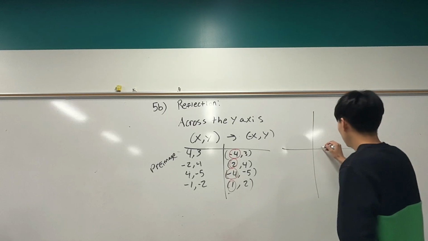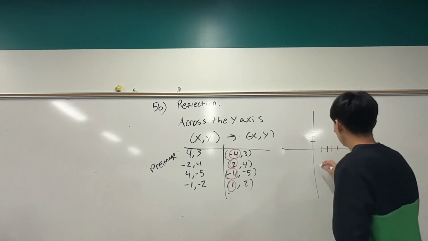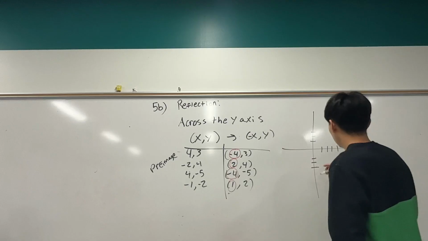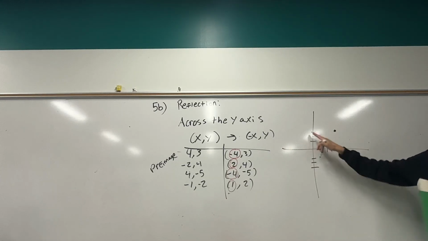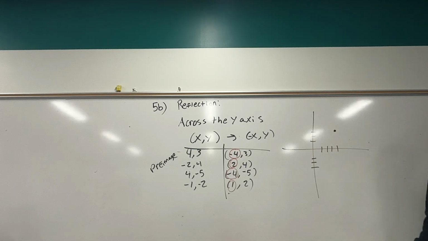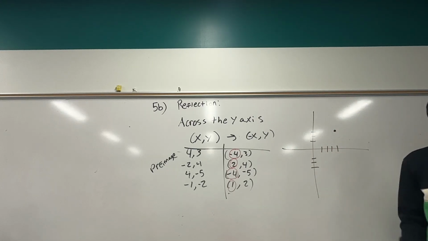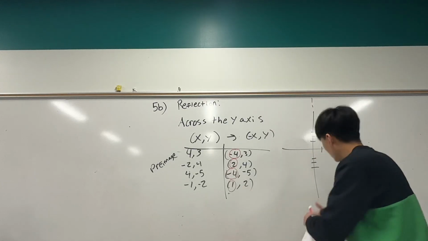So like 1, 2, 3, 4, 1, 2, 3. 1, 2, 3. So if I had a point right here, if I'm flipping it across the y, right? That's my axis of symmetry. Because I'm flipping it across the y, right? So if you had a graph, right? Let's say I had this.